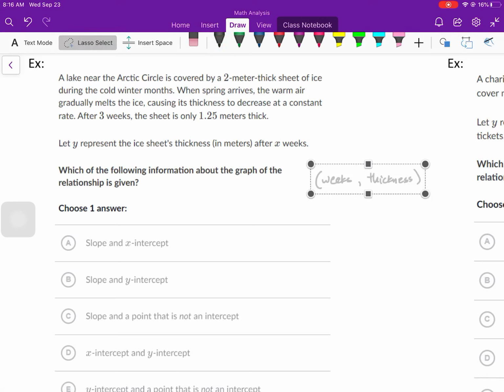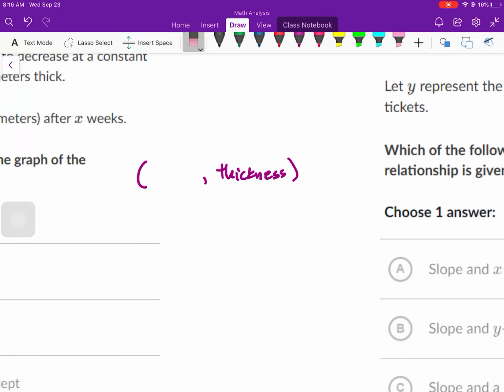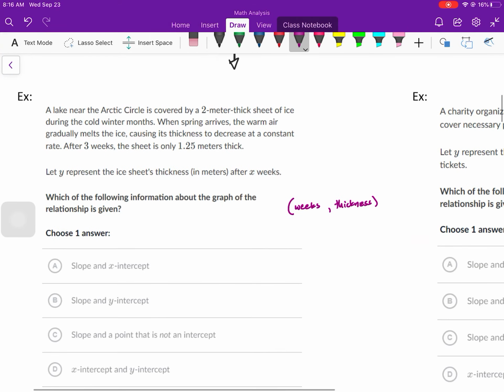So here's what we have. We have that the x coordinate is the number of weeks, and the y value is the thickness. So let's look and see what's given. We're given that a lake near the Arctic Circle is covered by a 2-meter thick sheet of ice during the cold winter months.